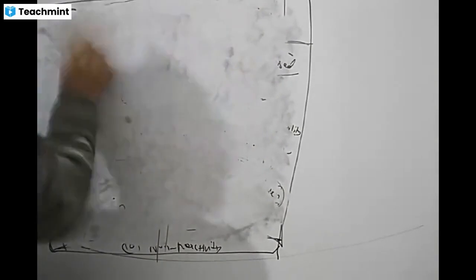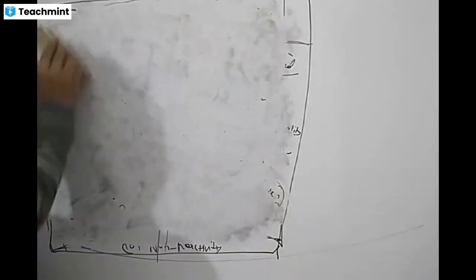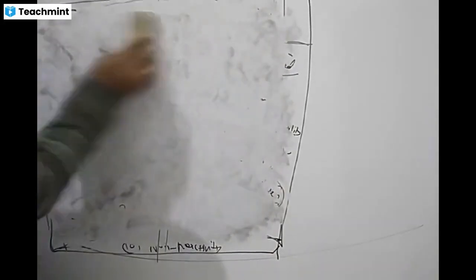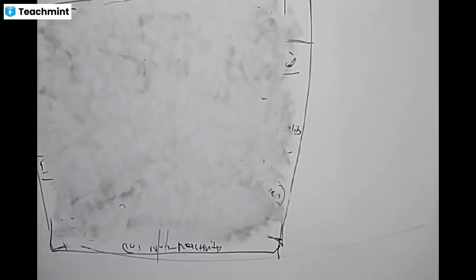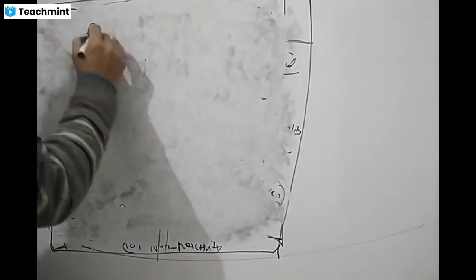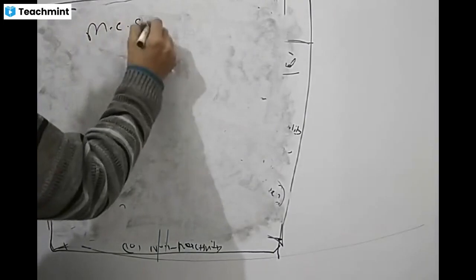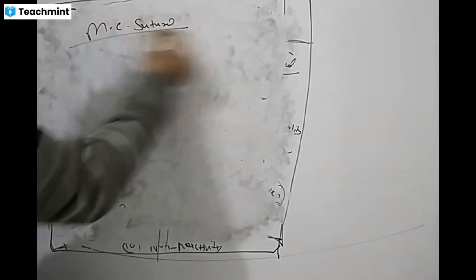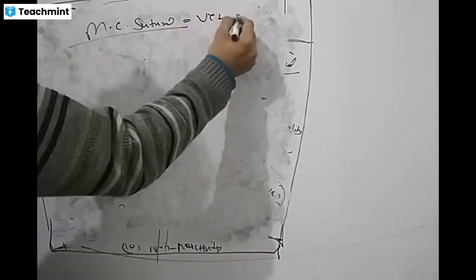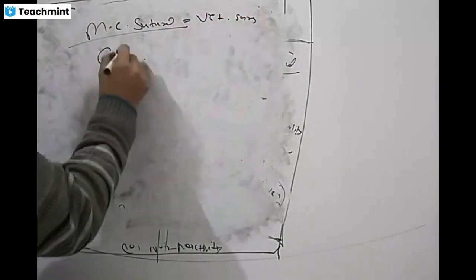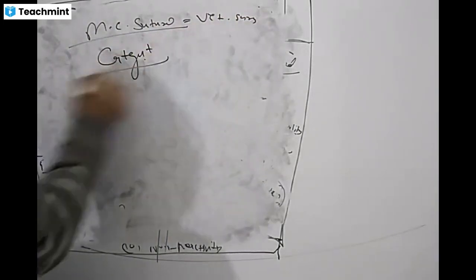So with this classification, now we'll start with some individual suture materials. The most commonly used suture material in your veterinary surgery is your catgut.